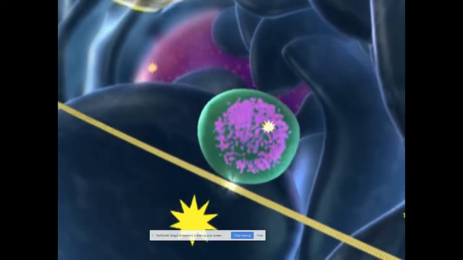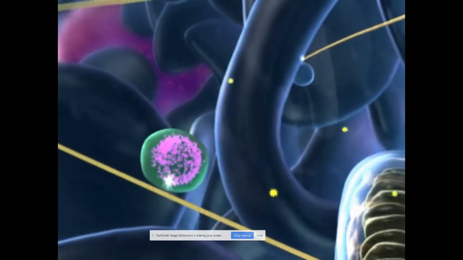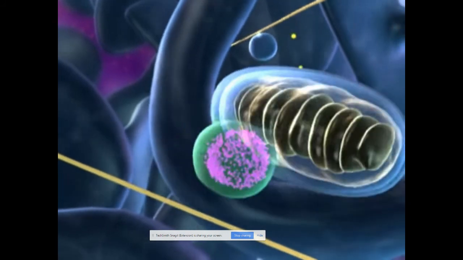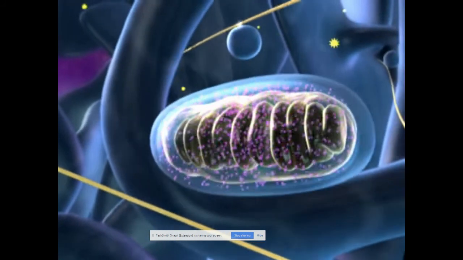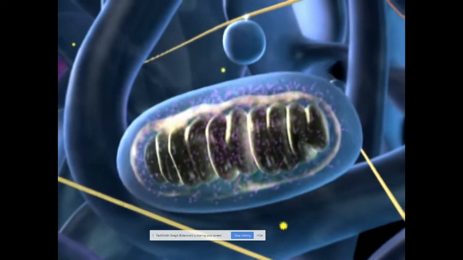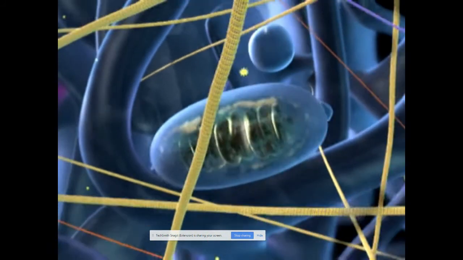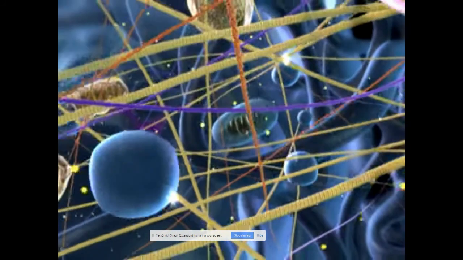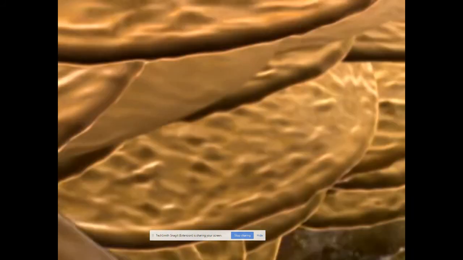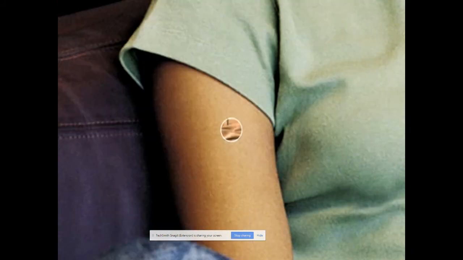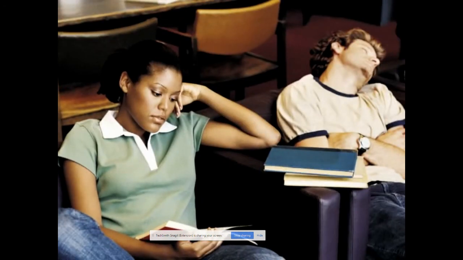Other vesicles, called lysosomes, contain digestive enzymes. Here, a lysosome fuses with a worn-out mitochondrion and breaks it down. Each of the trillions of cells in your body is a dynamo of activity, requiring millions of ATPs every minute. But most people are unaware of all this activity in their cells.